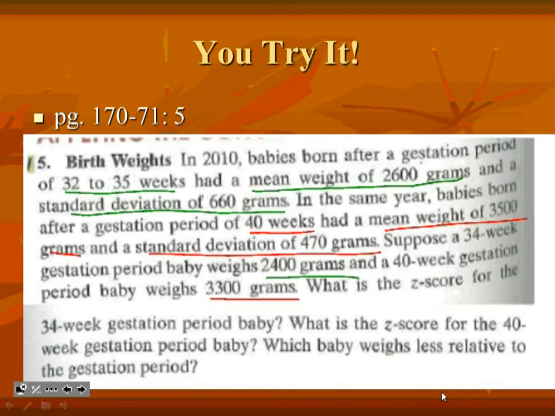The real question is, what does this represent in the z-score formula? The x. So we have an x for our 32 to 35. We also have an x for our 40.